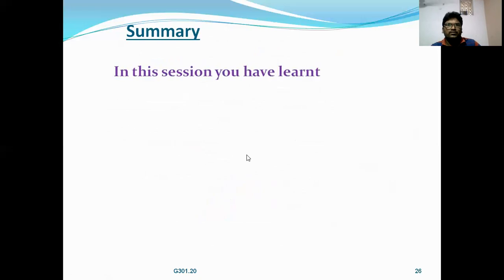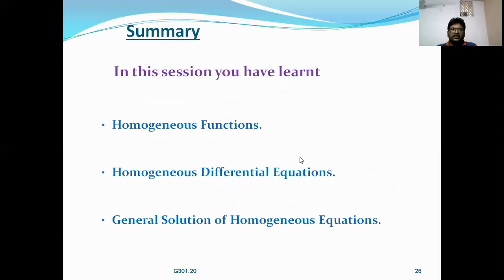Is it clear now? So in this session, we have learned three points. First, we discussed the homogeneous function. I gave two definitions of the homogeneous function, with examples also.